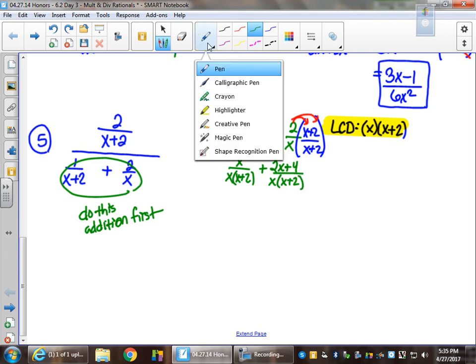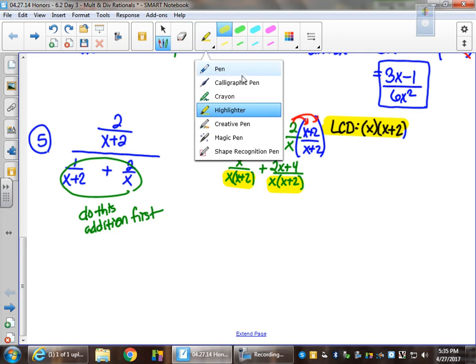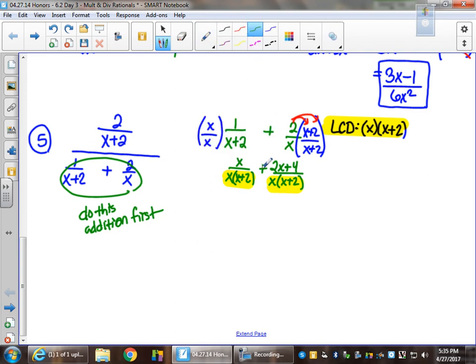I now have those common denominators we've always been looking for with addition or subtraction. So now I can straight up add the top. And it's nice because this was addition, I don't have to worry about distributing any negatives, just straight up combine like terms. So x plus 2x is 3x, and then plus 4 is along for the ride, over x times x plus 2.